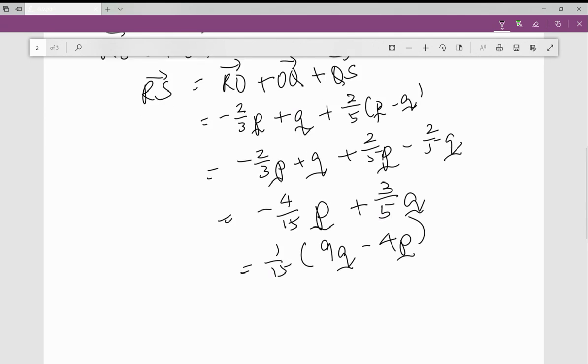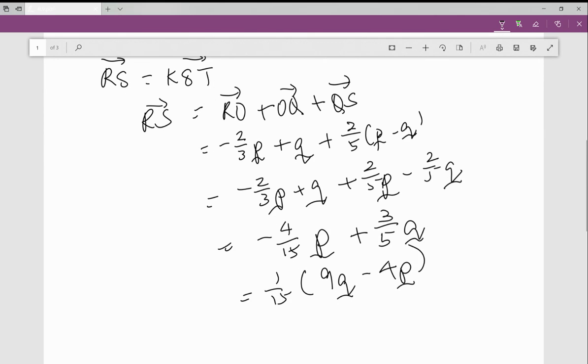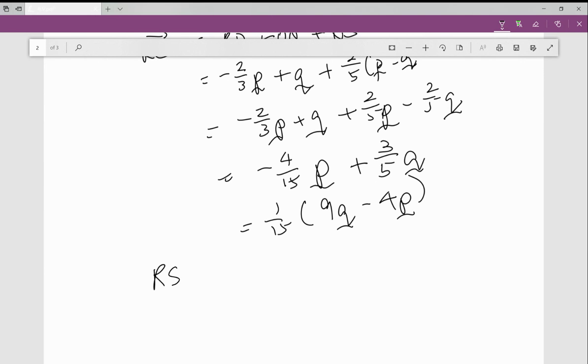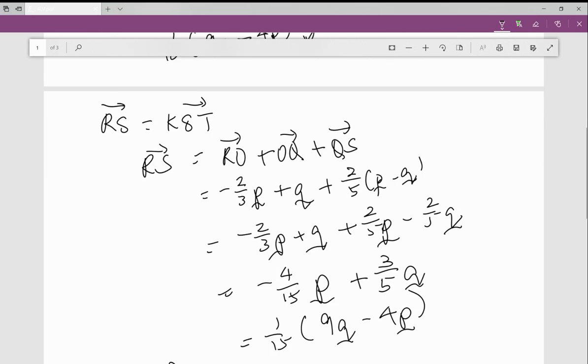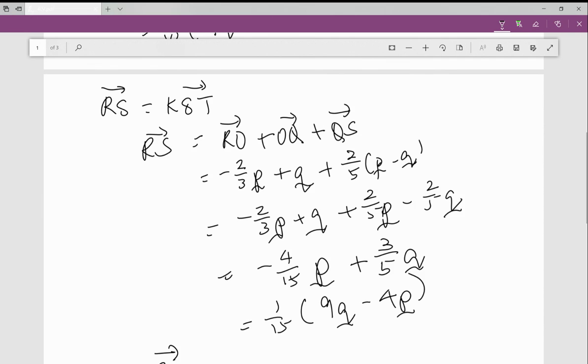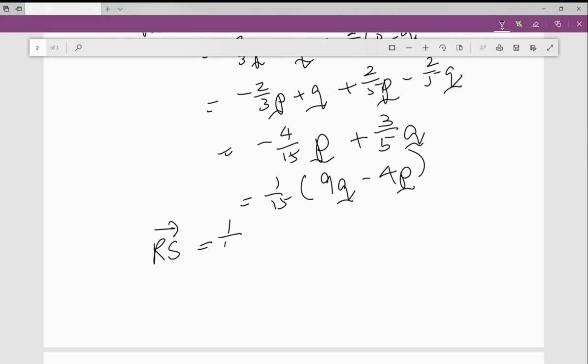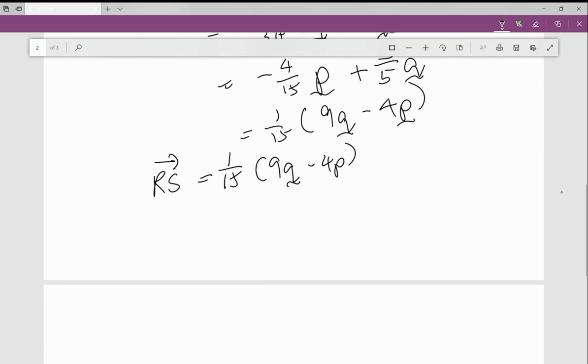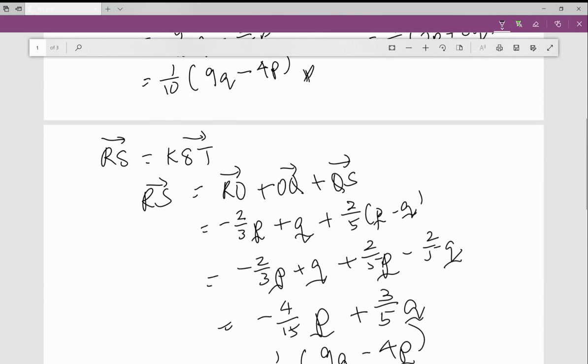So how do you find this ratio K? Usually I also have this problem, so this is what I normally do. I will just write down RS is 1/15 (9Q minus 4P), and then ST is 1/10 (9Q minus 4P).